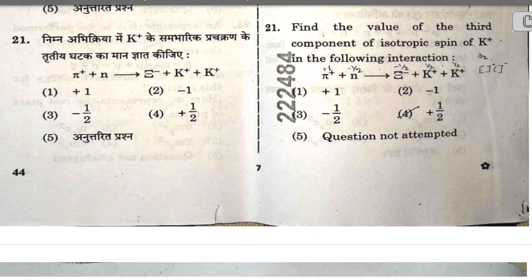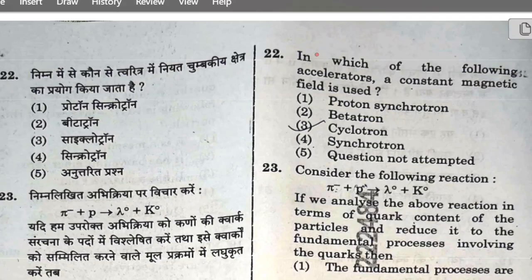If you remember, you can directly write that for K plus, it is plus half. Okay, your correct option is 4. Either you can calculate from this reaction also. Next, in which of the following accelerators a constant magnetic field is used? Okay, so this is for your cyclotron. So your correct option is option 3.